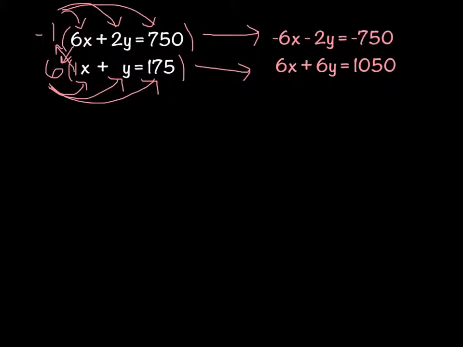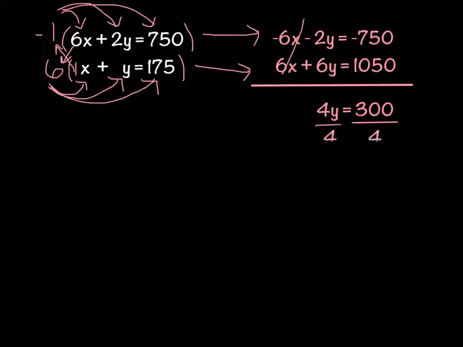Now if we combine like terms, our X values cancel out, so we eliminated X. And if we combine -2Y and 6Y, we get a 4Y. And when we combine -750 and 1050, we end up with 300. At this point, we're trying to get Y by itself, so we divide both sides by 4.